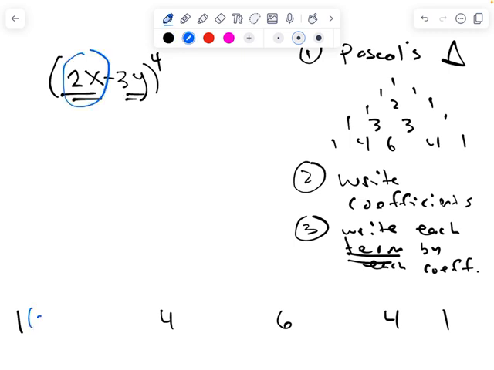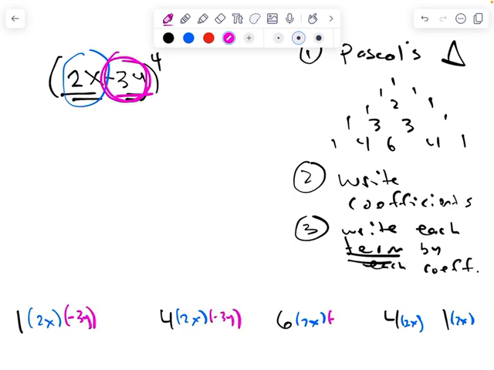So this guy has a 2x, and they all get the 2x. 2x, 2x, and this guy gets a 2x. They also all get this term. Now this term includes the negative. Don't forget the negative. Super important that you bring that along. So we got negative 3y, negative 3y, negative 3y, negative 3y, negative 3y.